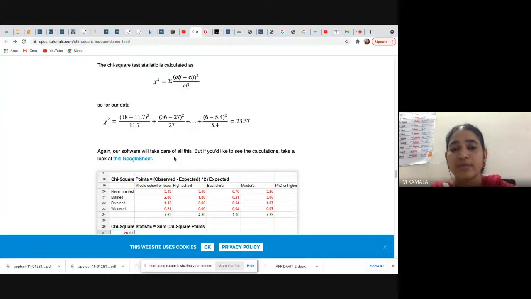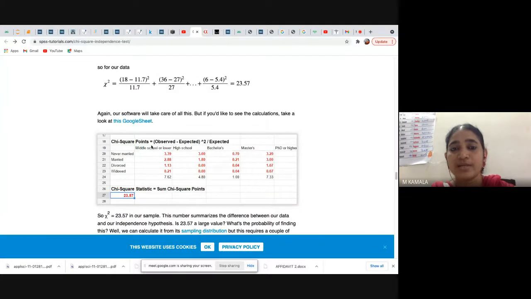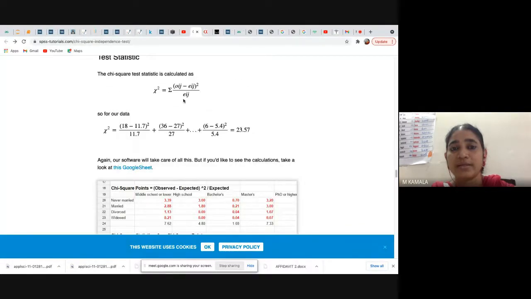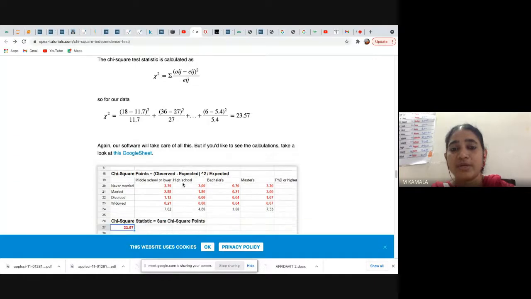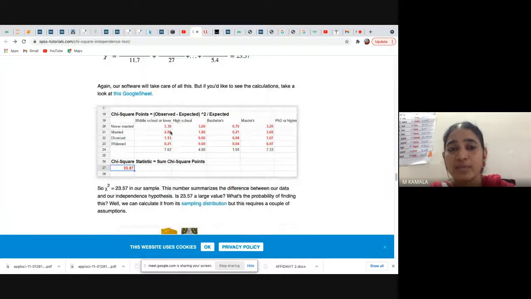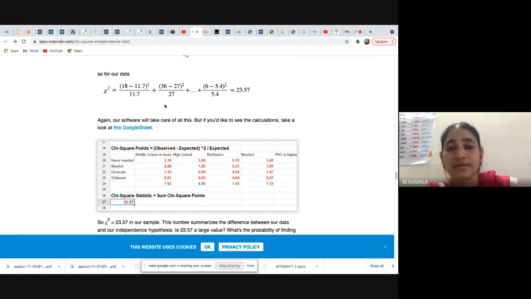So the chi-square values are calculated as observed minus expected squared, divided by the expected value EIJ. If you total all these chi-square values, it comes to 23.57. Your chi-square value for the sample data is 23.57.